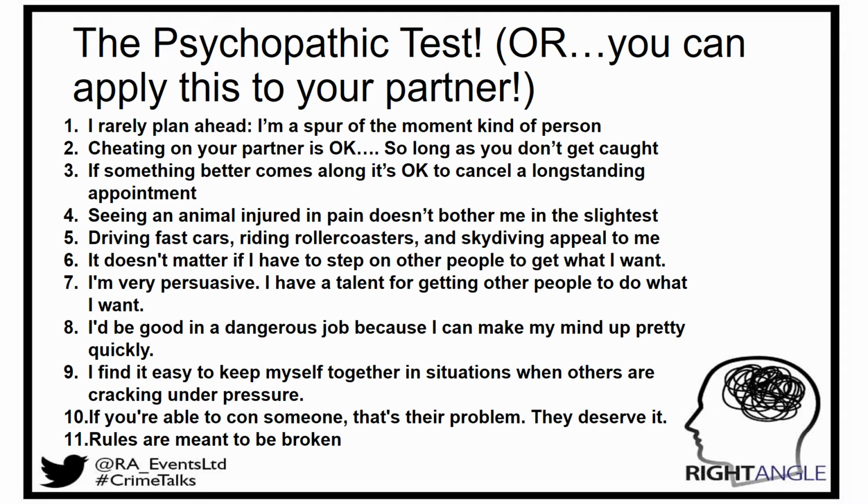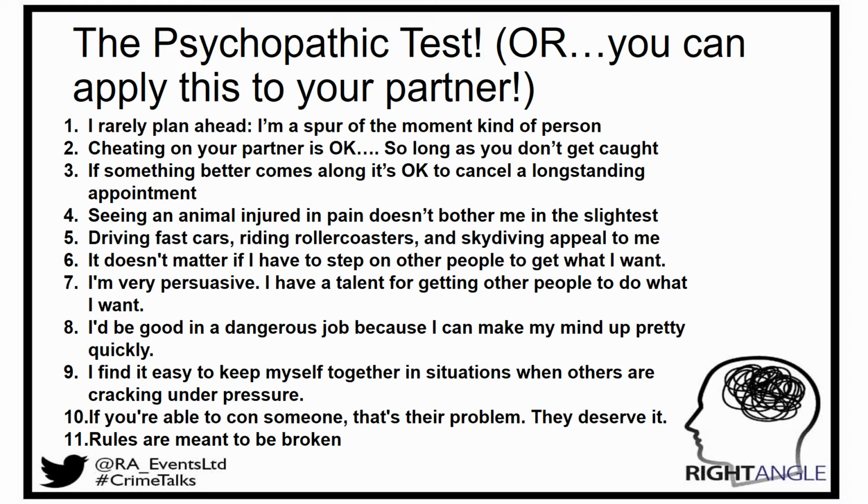Here they are. Here is the 11 questions that can help you determine whether or not you exhibit psychopathic tendencies, or if you like, you can turn the questions on their head and apply these to your partner. So you'll see the 11 questions there. I'm not going to run through all of them. You have the opportunity to look at them, but this is how you score them. So if you look at that first one, it says, I rarely plan ahead.